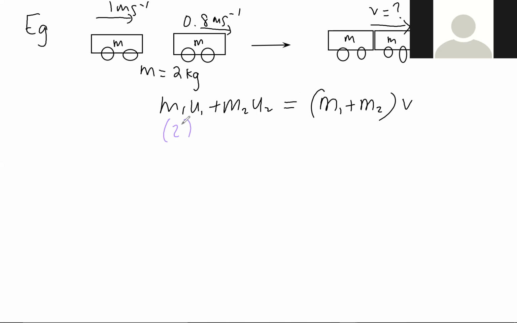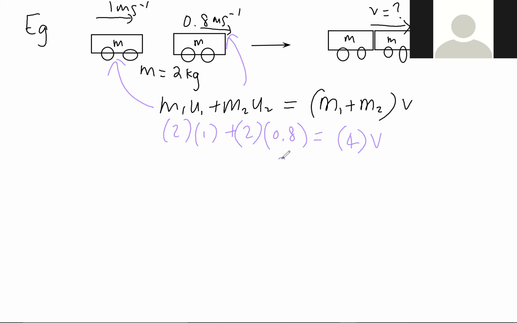2 kg. Okay, first all velocity is acting in the same direction. All velocity acting to the right. So we don't need to worry about the sign. All are positive. Okay, so u1 is this one, the first object. So 2 times 1 plus m2, 2, times u2, this one 0.8, equals m1 plus m2, that is 4, times v.